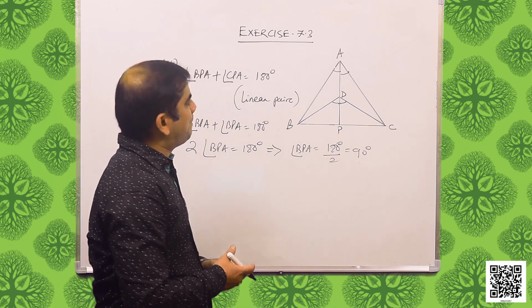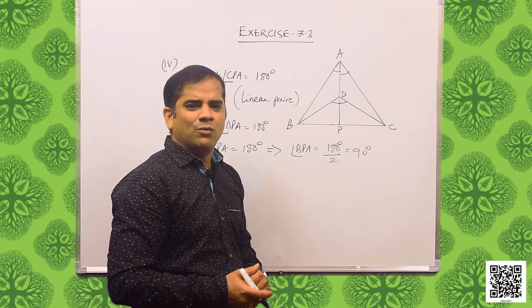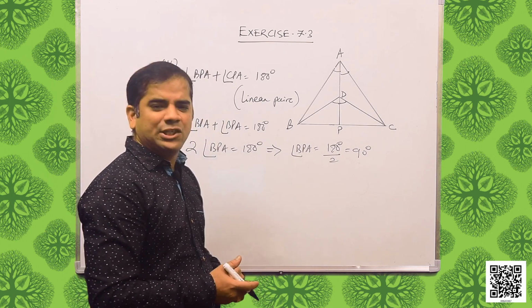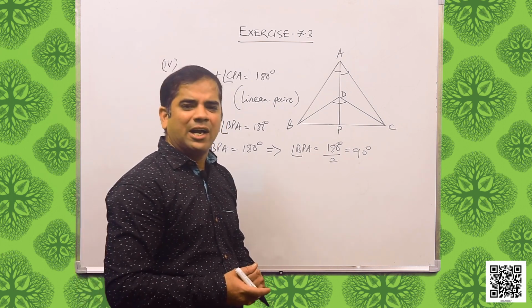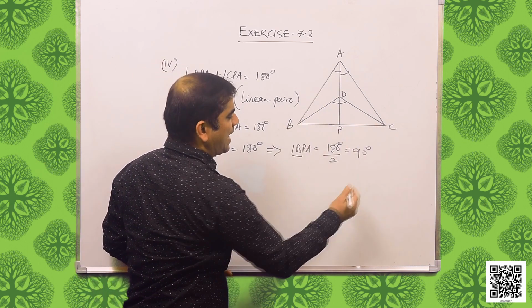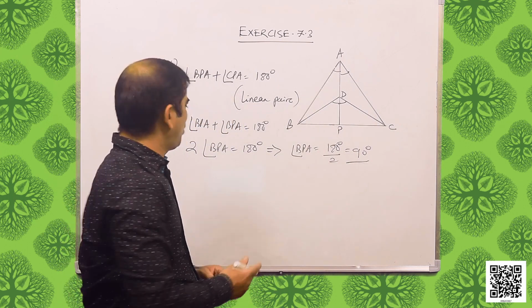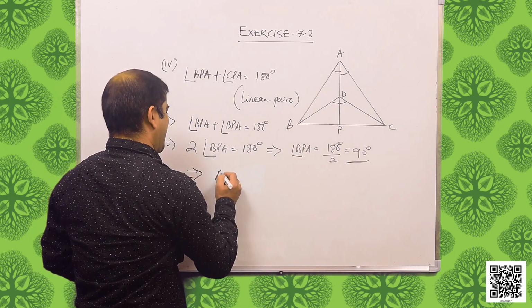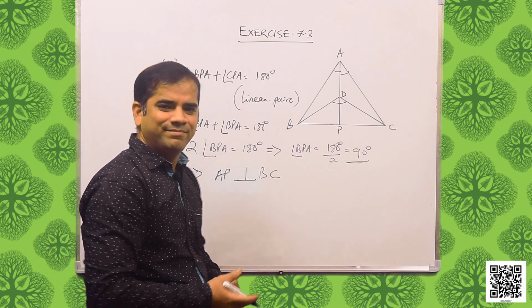So as BP is equal to CP, which we have already proved, and angle BPA is equal to 90 degree, AP is perpendicular to BC.